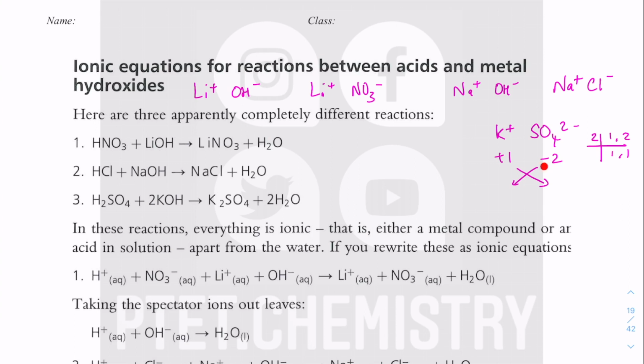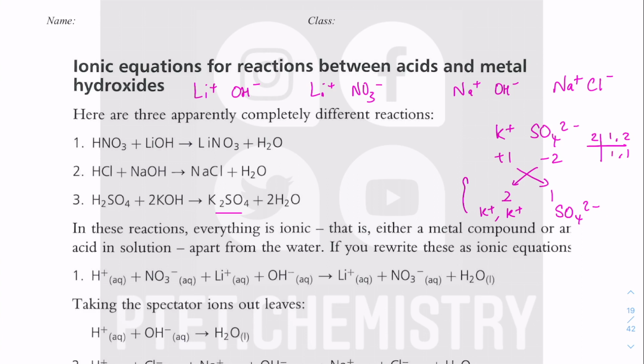That's why we bring down the value. We never bring down the charges. We never bring down the ions. We bring down the value because that's our LCM, our lowest common multiple, and we bring down the value only, which is 1. What that actually means is I have K+ and K+. I have 2 of the K+ and I have 1 of the SO4 2-, such that my formula is K2SO4: 2 of the K+, 1 of the SO4 2-.